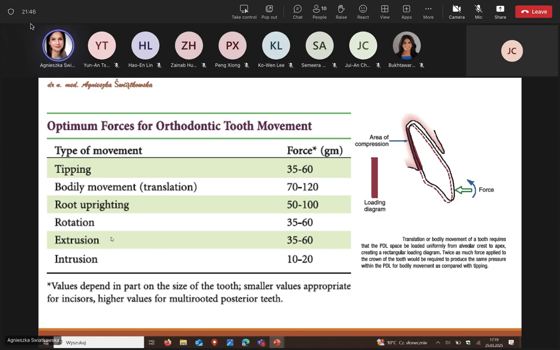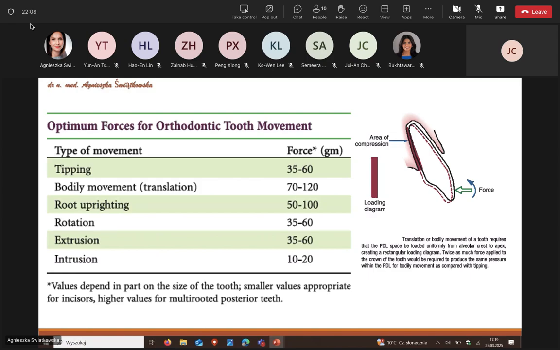A few days ago, somebody during the labs asked me what extrusion and intrusion mean. Extrusion is the situation when we pull the tooth or teeth out of the bone. Intrusion is when we push it into the bone.